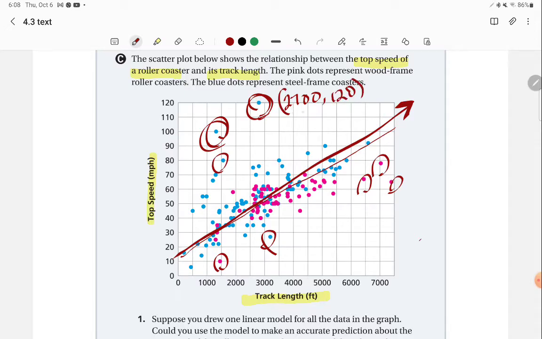So you would just need those coordinates. So that one is 2,700, 120, and this one is going to be about right there. So that's 15. So let's say 1,300. That's your track length, feet, and 100 is its top speed. Okay, so those would be two of the outliers for that question there.